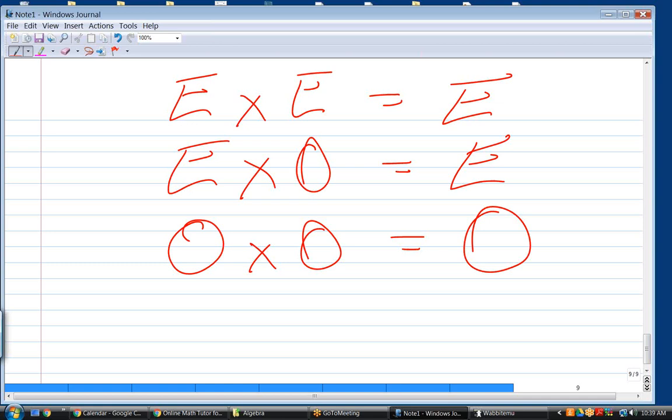Take an odd number like 3. Square it. What do you get? 9. In other words, whenever I take an odd number and square it, I'm multiplying it by itself. 3 squared equals 3 times 3. 5 squared equals 5 times 5.